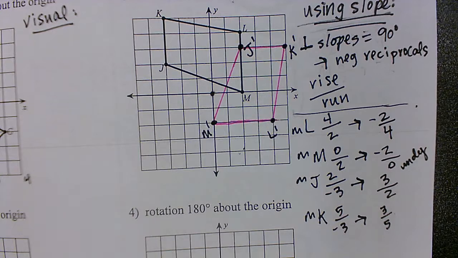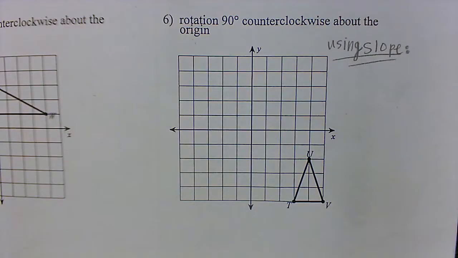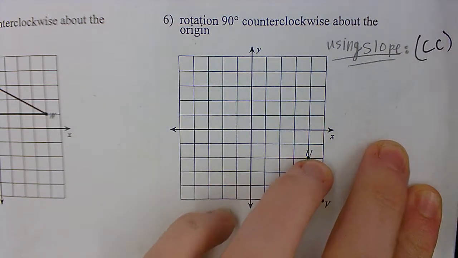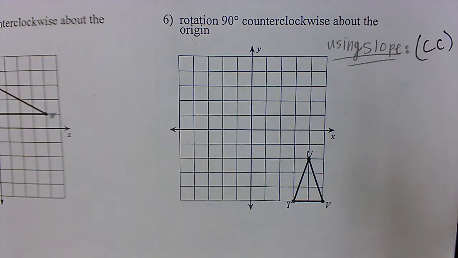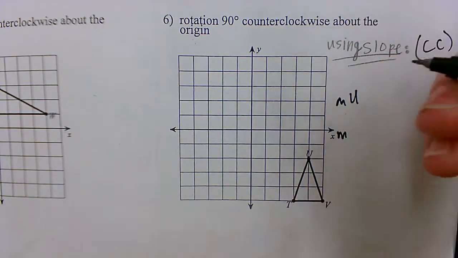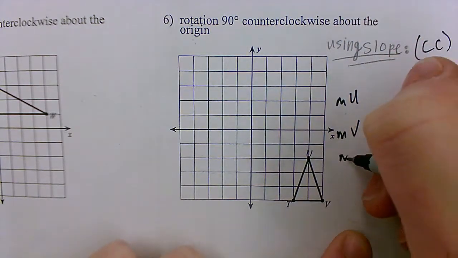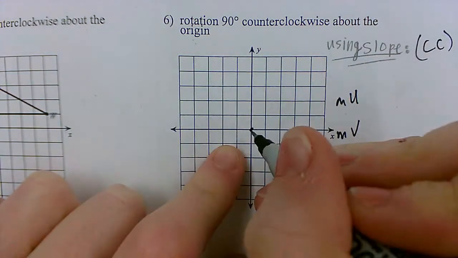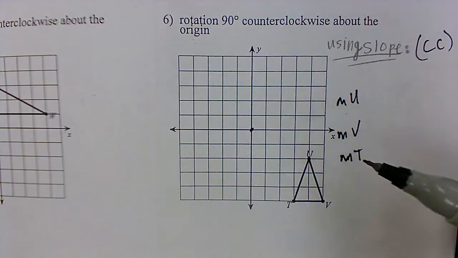Okay, we'll do an example down here, number 6, that would show the counterclockwise use of slope. Okay, so using slope, this is counterclockwise. Our other one was clockwise. We're going to find the slope of u, the slope going through v, and the slope going through t. So u, starting from the origin, let's think about where we should end.